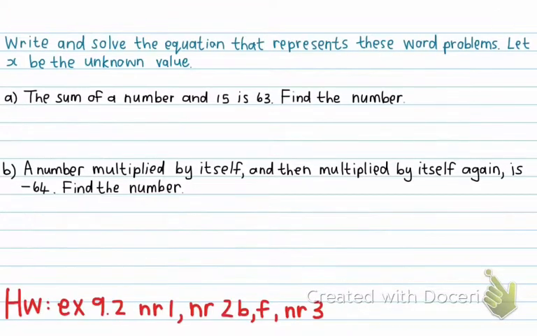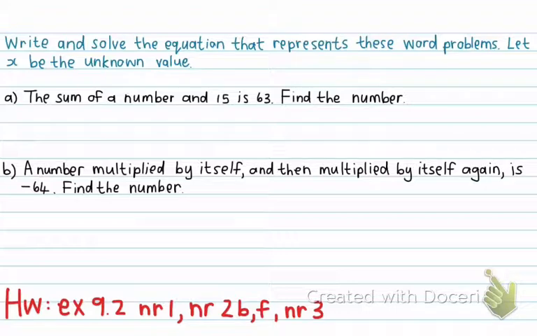Alright, I would like you to pay attention to this as well. They ask us here to write and solve the equation that represents these word problems. Let x be the unknown value. Okay, so they give us a word problem in words, obviously, and we have to rewrite them in a mathematical way, if I can put it like that.